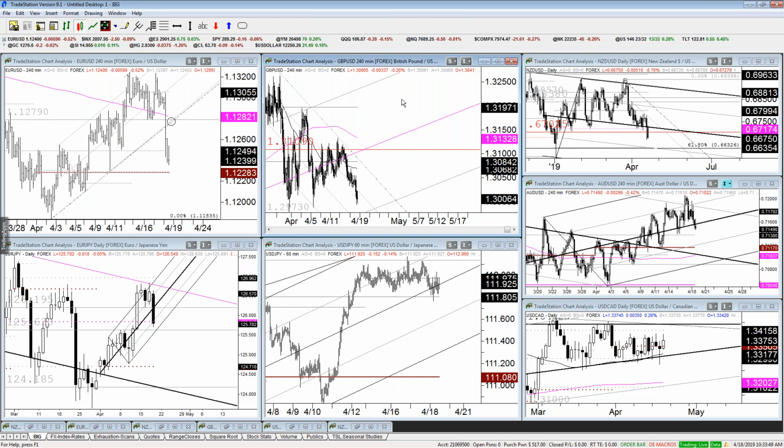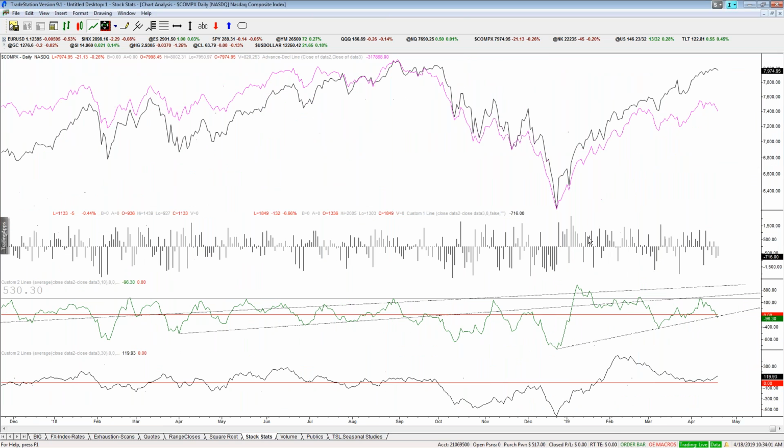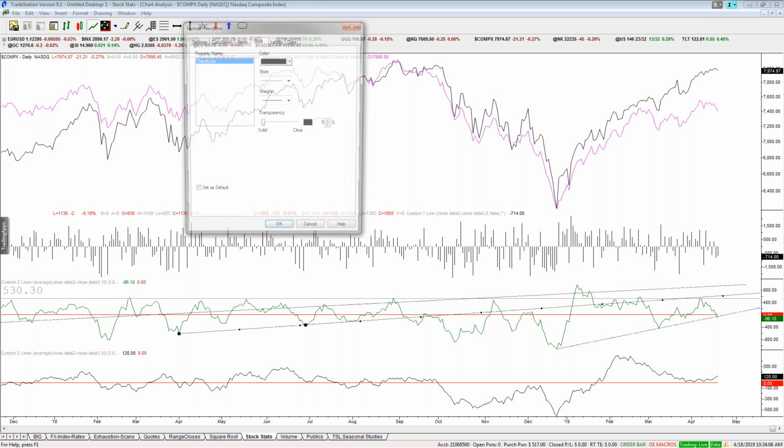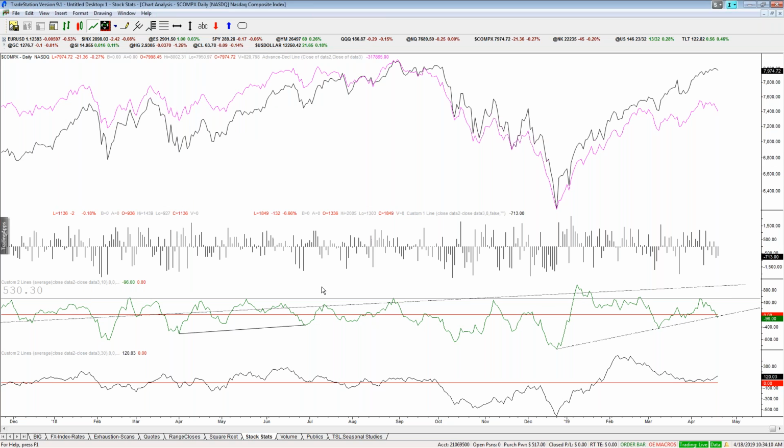What else we got? Wanted to do some quick stuff on, say, the NASDAQ equities. So that chart from yesterday, I think, is pretty important. The trend line on breadth, notably on the 10-day advanced decline.